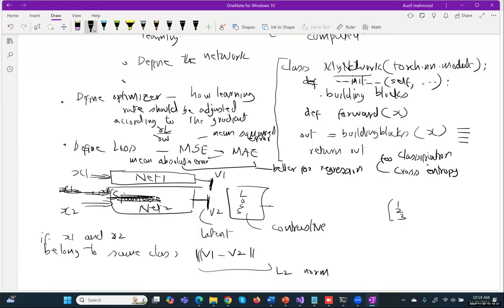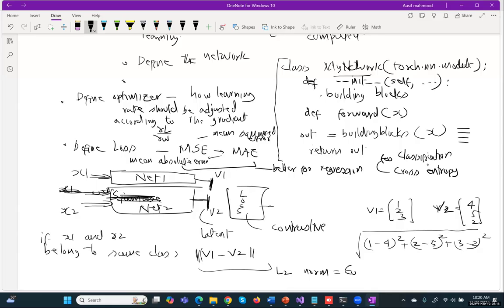For example, if V1 is 1, 2, 3 and V2 is 4, 5, 2, what do V1 minus V2 and these two vertical bars do? All they do is compute the square root of (1 minus 4) squared plus (2 minus 5) squared plus (3 minus 2) squared. So it's basically computing what we call the Euclidean distance between the two points.